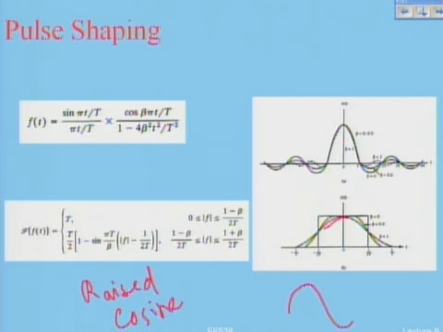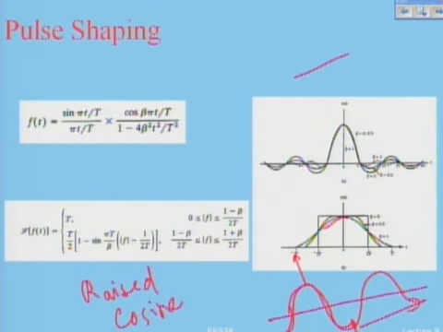Cosine is like this. Okay? This is the full cosine, but if you take this part, this is a cosine. If I raise this cosine up and cut this part away, I have something like this. This pulse is called a raised cosine pulse.